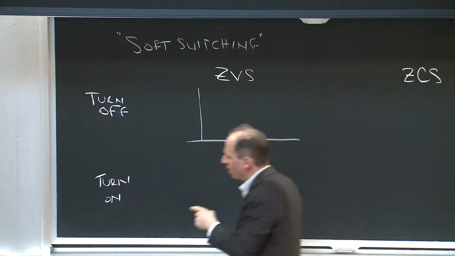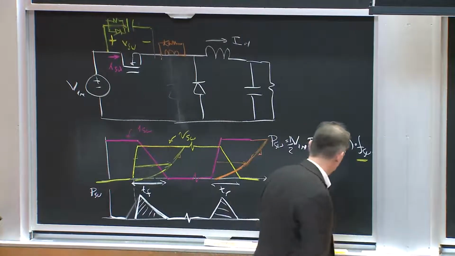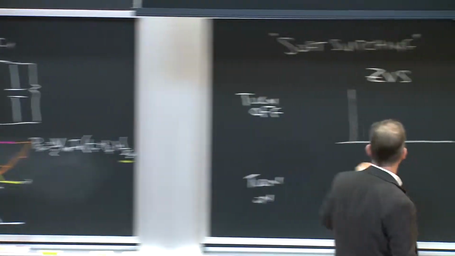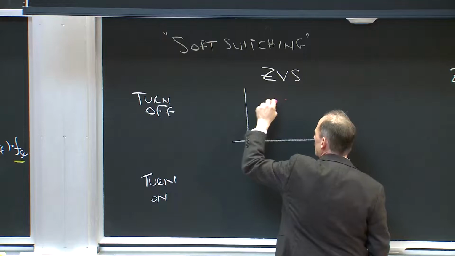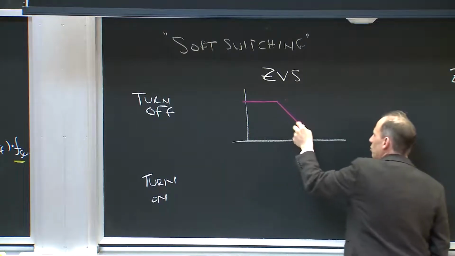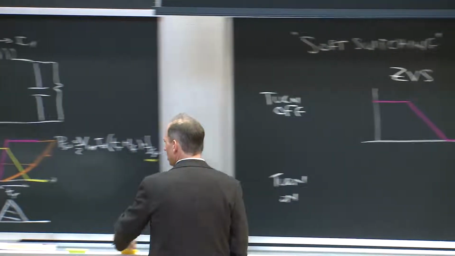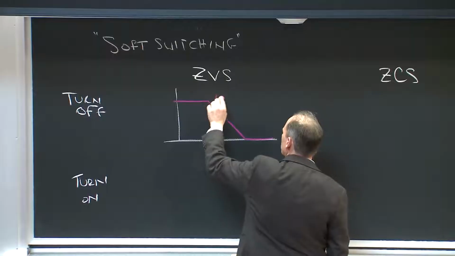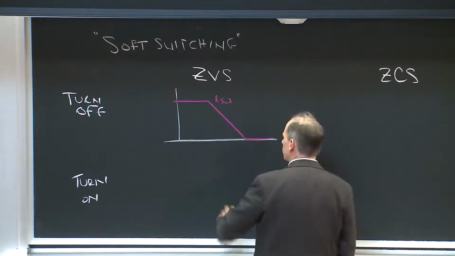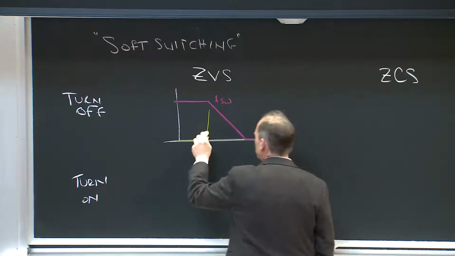ZVS turn off, if I thought about, say, the turn off I had here, I had something where the current was falling, like this, at turn off. And under a hard switch transition, so this is I switch, we expect V switch to rise before the current falls, like this.